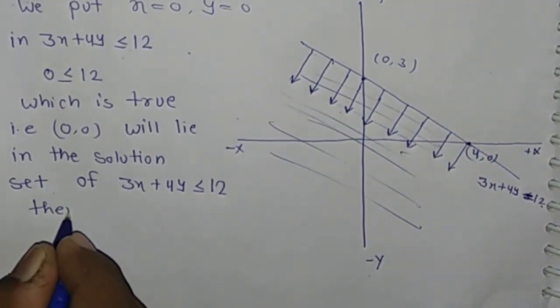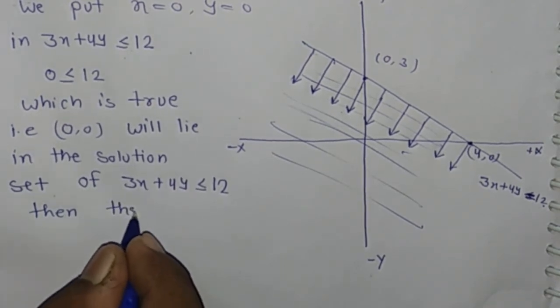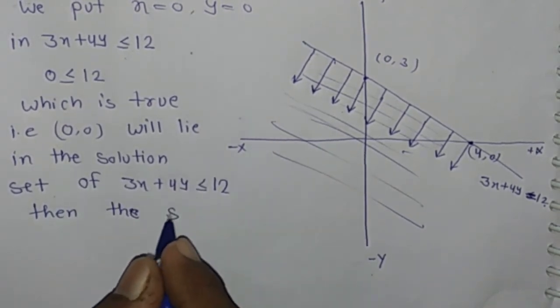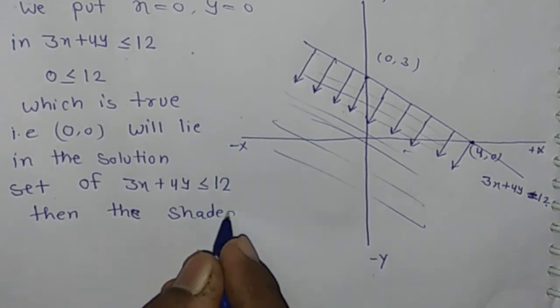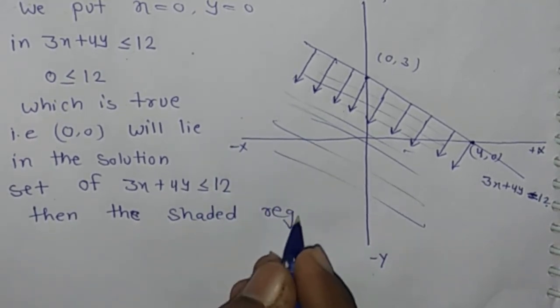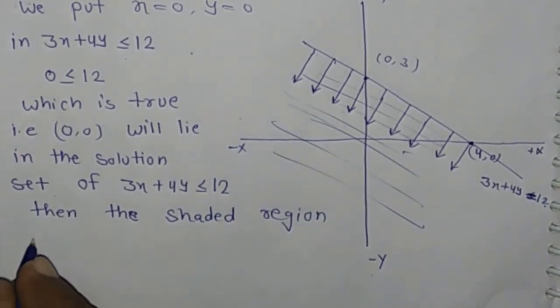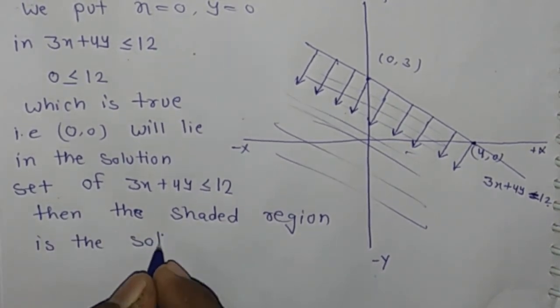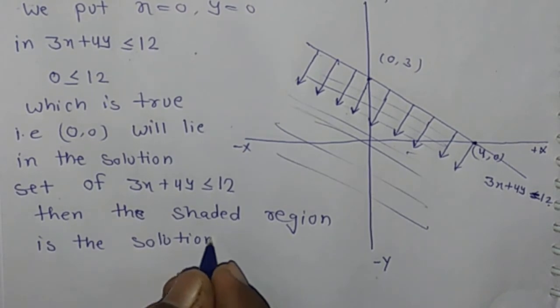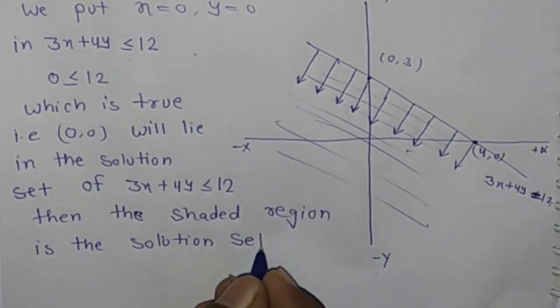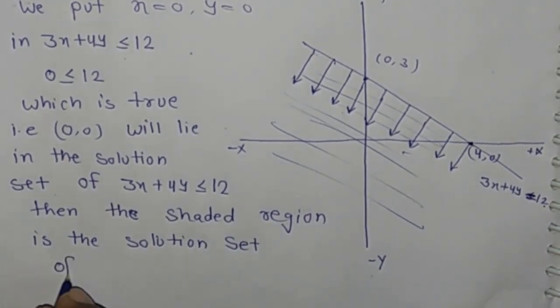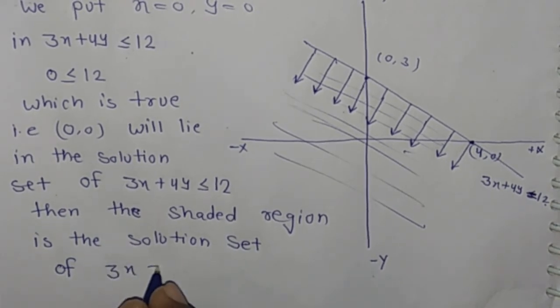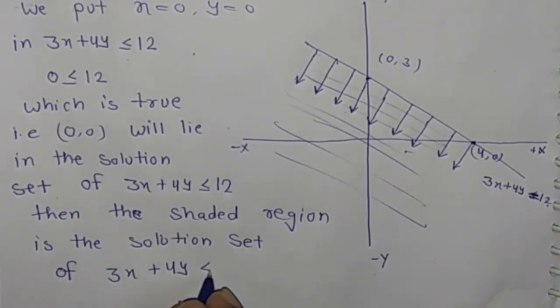Then the shaded region is the solution set of 3x plus 4y less than or equal to 12.